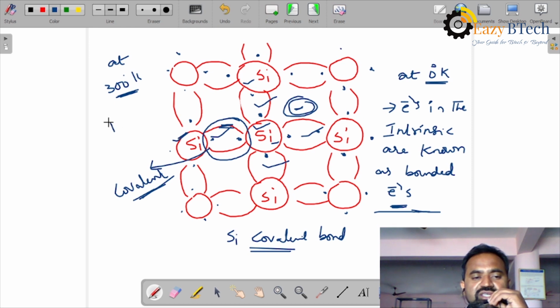Due to the temperature increase, the covalent bond can break up, and the electron presented in the covalent bond can become a free electron. Due to these free electrons, conductivity starts. Okay students, you can remember the point here.